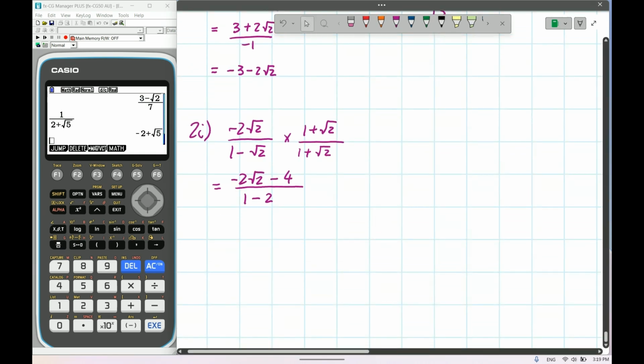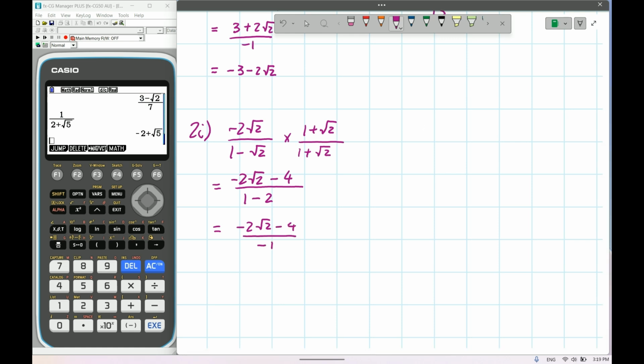So this will become minus 2 root 2 take 4 all over minus 1. And then the minus 1 on the bottom by itself changes all the signs on the top. Cool.